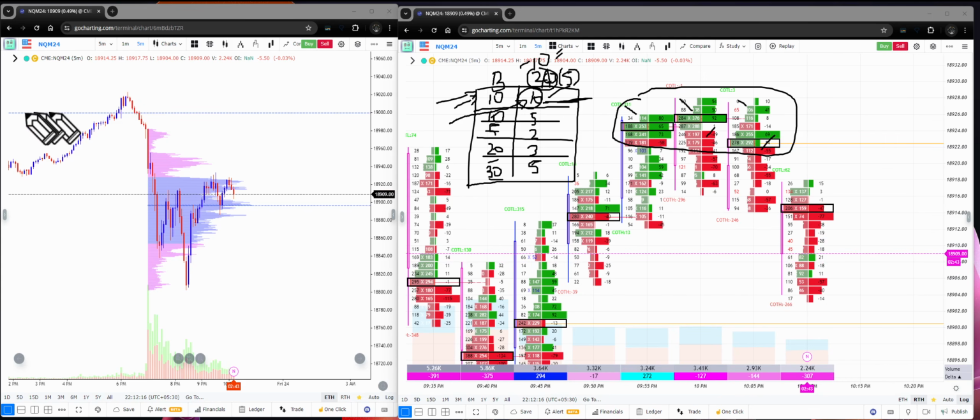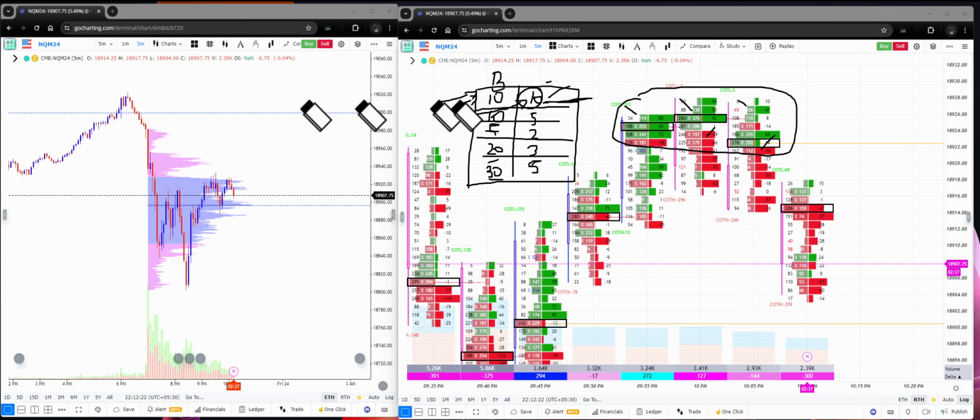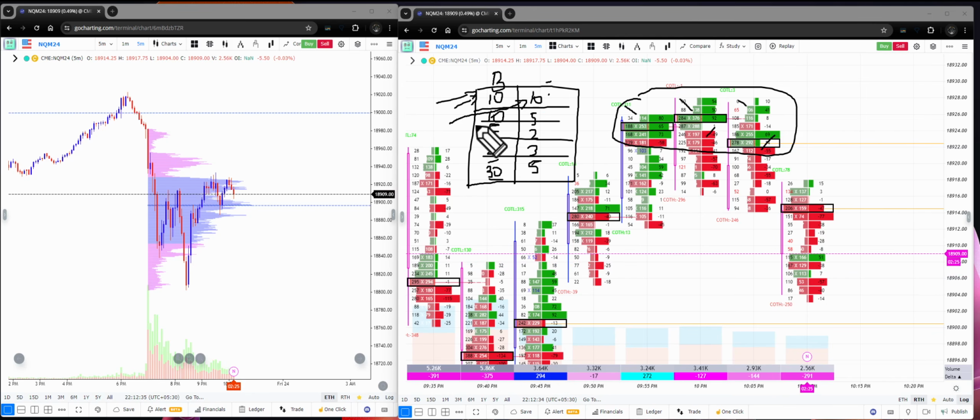Let me erase this so that I can make you understand it a little better. Now let's say, for example, that there is no limit seller after this. A market buy order comes for 30, and there is nothing over here. So what will happen?